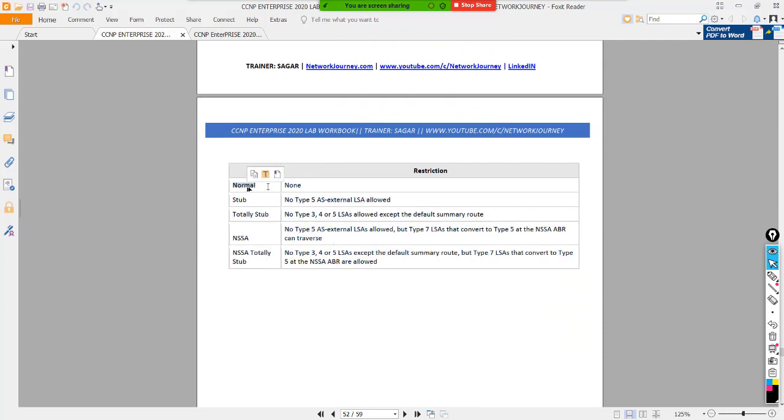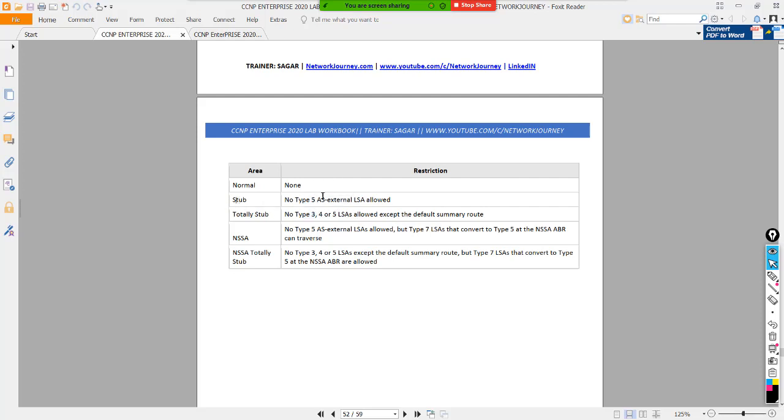In the normal area, area 0, all the LSAs will be running: 1, 2, 3, 4, 5, 7, everything. In the case of stub, you are going to suppress type 5 LSA. In the case of totally stub, you are going to suppress even 3, along with 4 and 5.